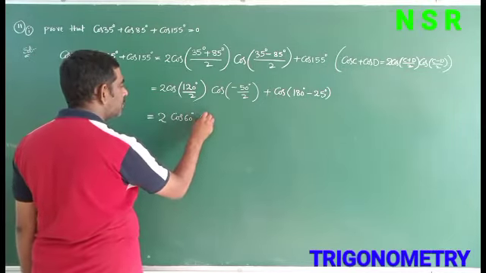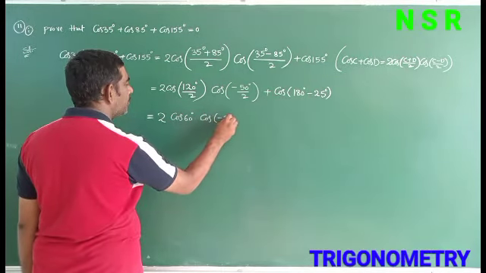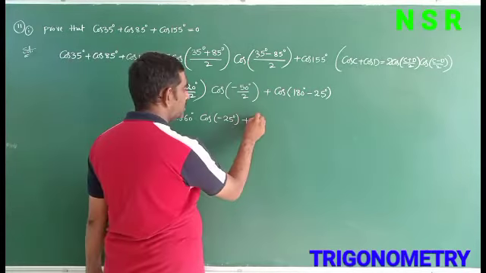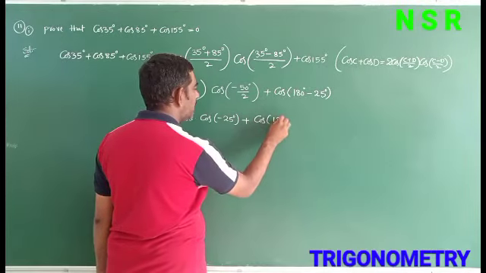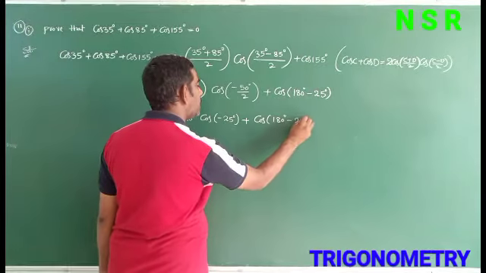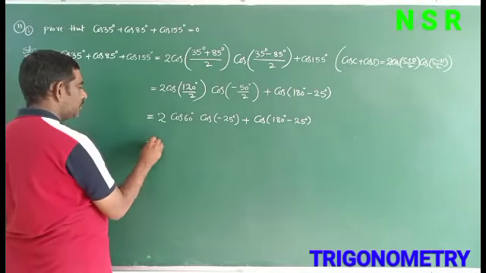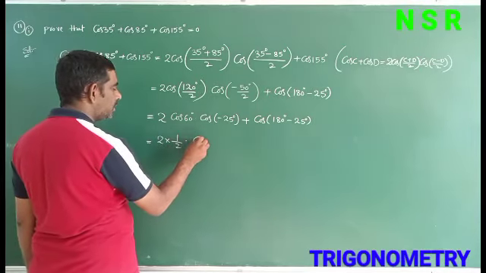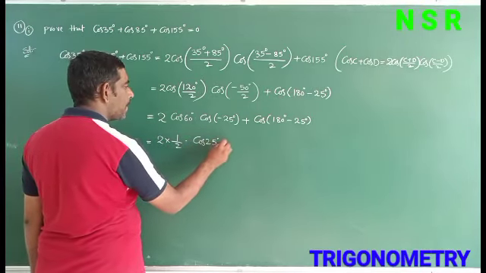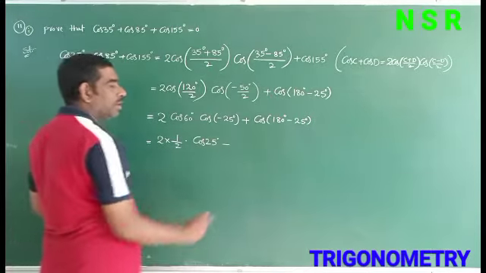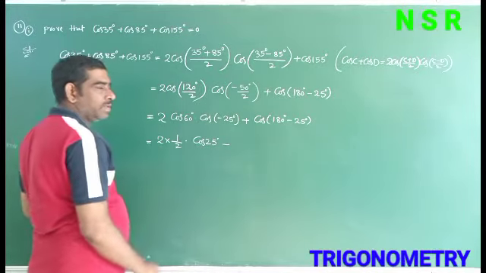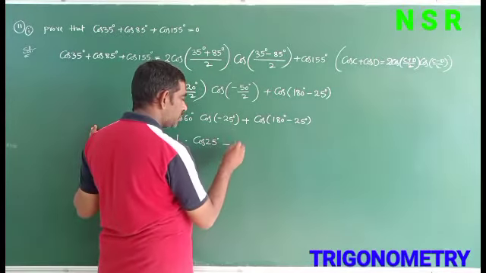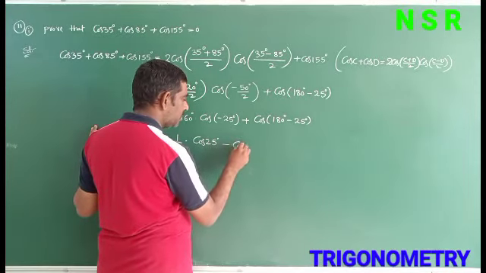Next cos of minus 25 plus cos (180 minus 25). So cos 60 value is 1 by 2, into cos of minus theta, which is cos theta, plus cos (180 minus theta). 180 minus theta is in the second quadrant, so cos is negative, minus cos 25.